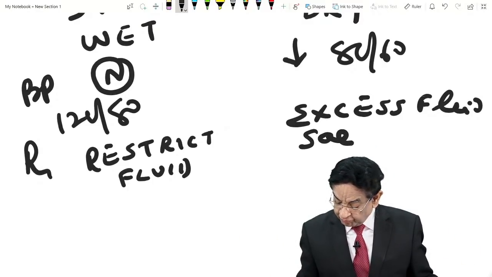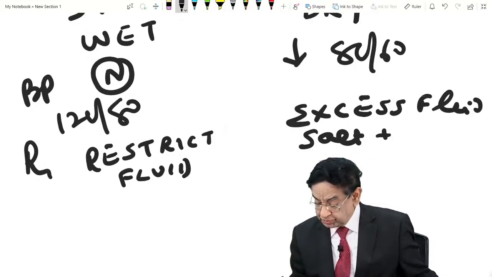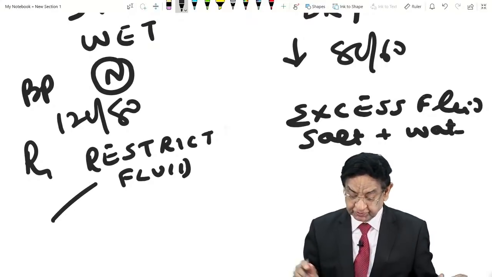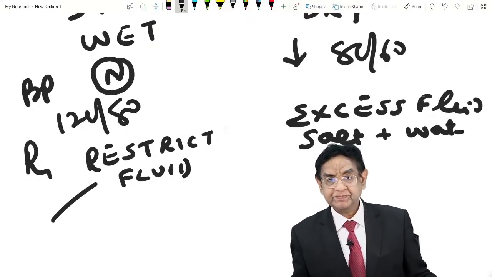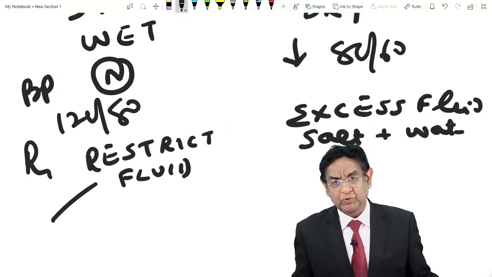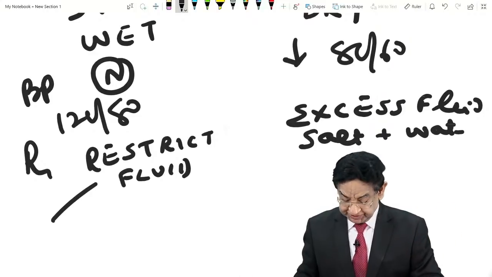Salt and water here, while in SIADH you restrict water. Very simple, you can manage by this method only. All clear?